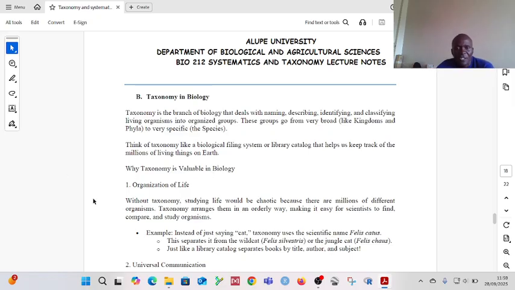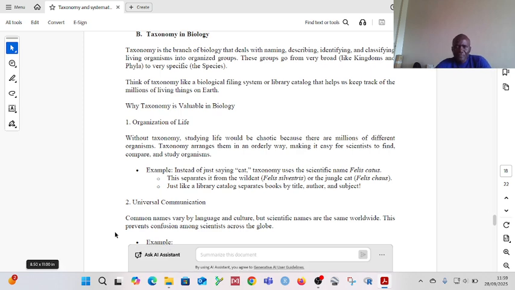Okay? So the example we give, that instead of just saying cat, taxonomy uses the scientific name Felis catus. If you just said cat, it will be difficult to identify, is it a domestic cat, is it a wild cat? Okay? So you have to be specific, because when you say now Felis catus, it is different from the wild cat, different from the jungle cat.